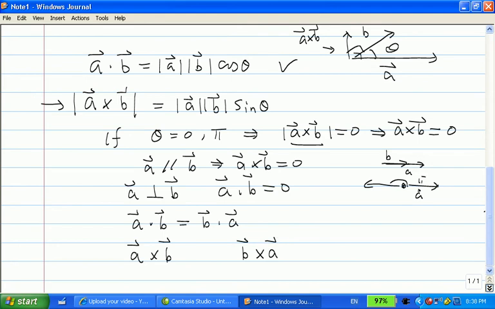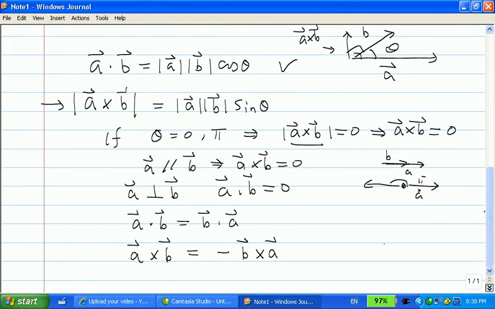If you go back to the definition, A is in the second row of that determinant and B is in the third row. The order is important. So if you change the order of A and B, that means you put A in the third row and B in the second row. If you make the calculation, you're going to see this is the negative of that.